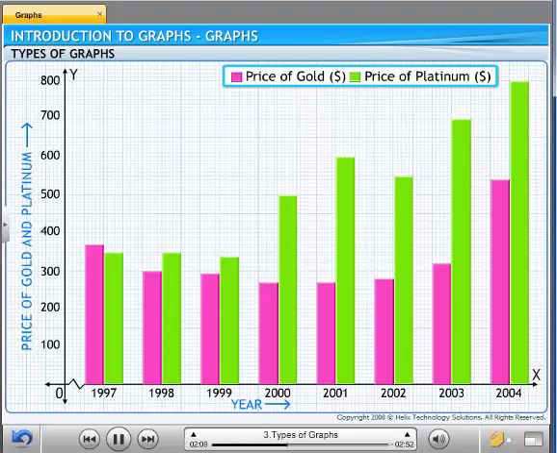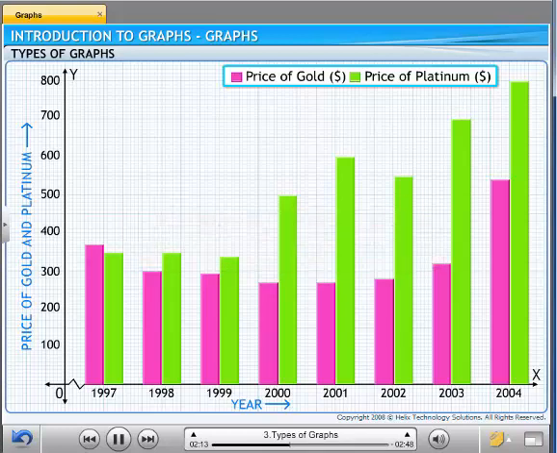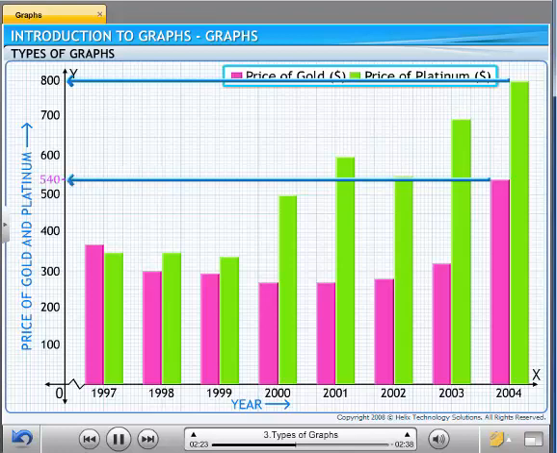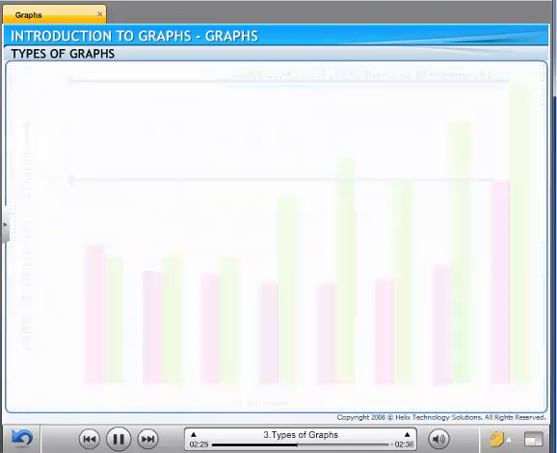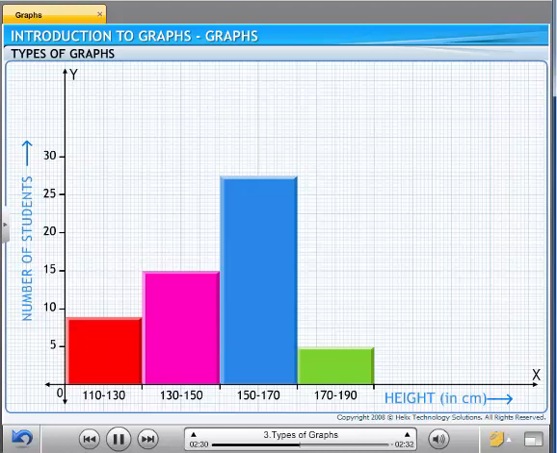Such a graph is called a double bar graph. As you can see from the graph, the price of platinum in the year 2004 was $800, whereas the price of gold was $540.